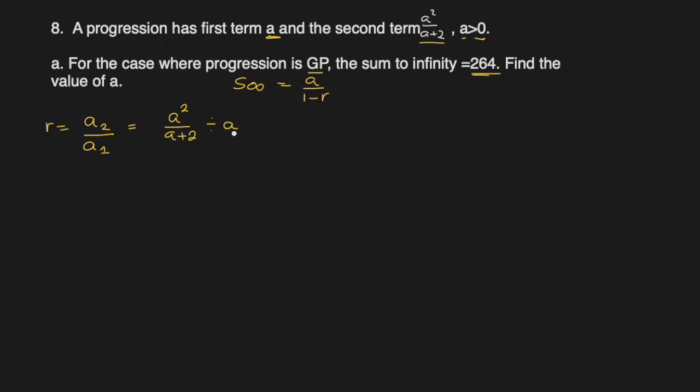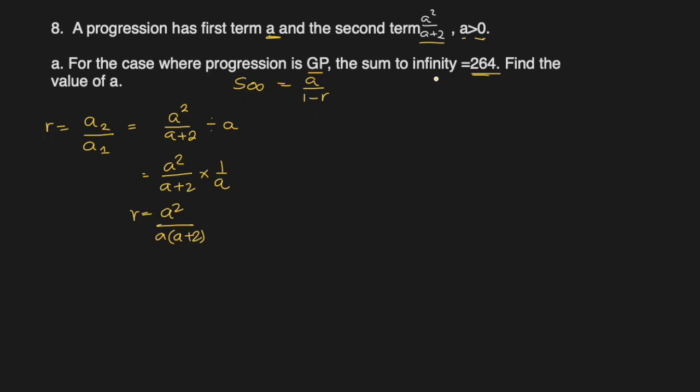I can write this as a squared over a plus 2 multiplied by 1 over a, or a over a plus 2. This is r. Now let's use this formula to get a, because we are eliminating r. Are they asking for r? They're not asking for r. Maybe in part B they might be, but not here.